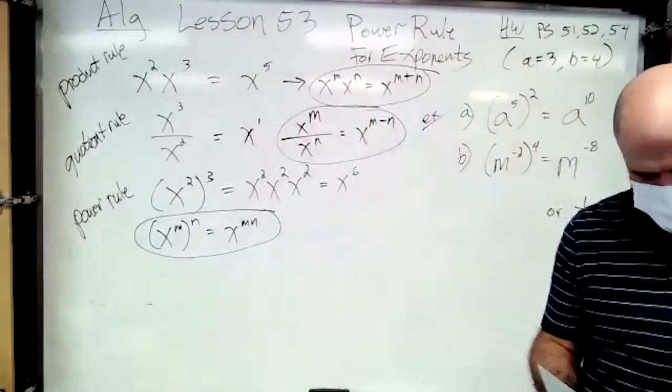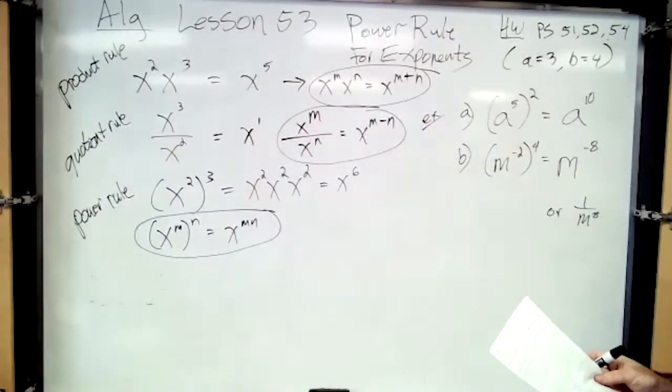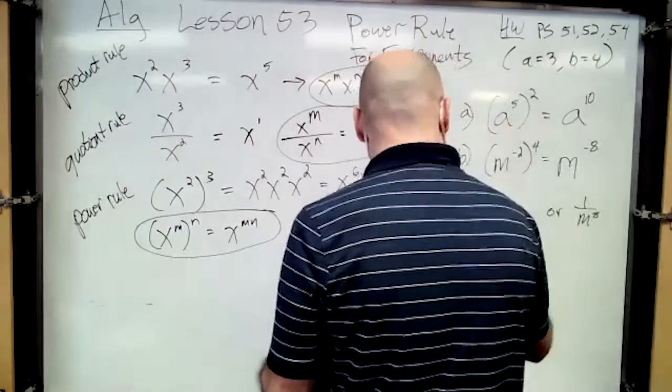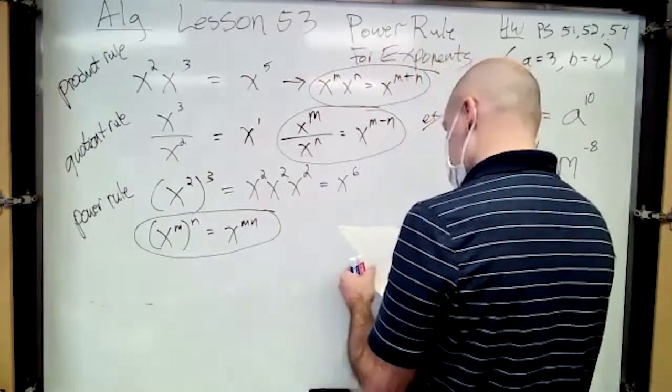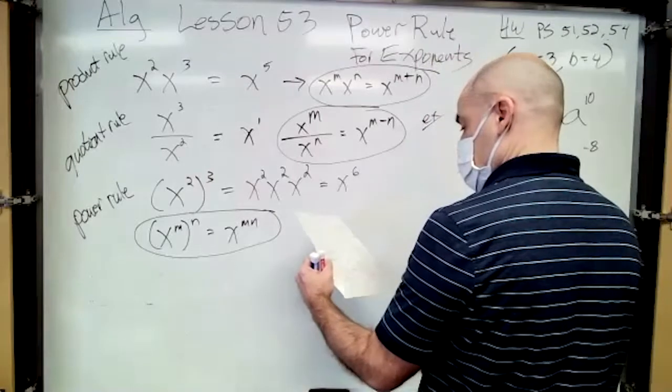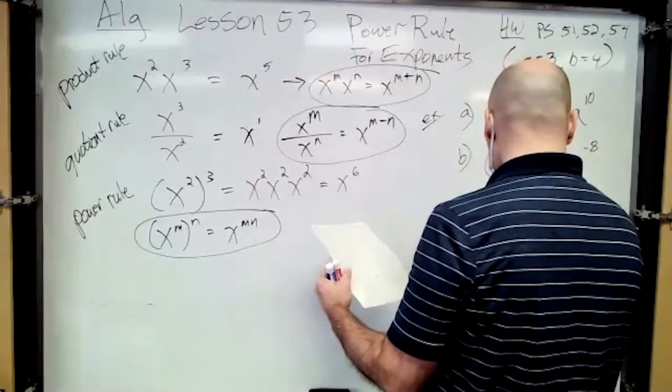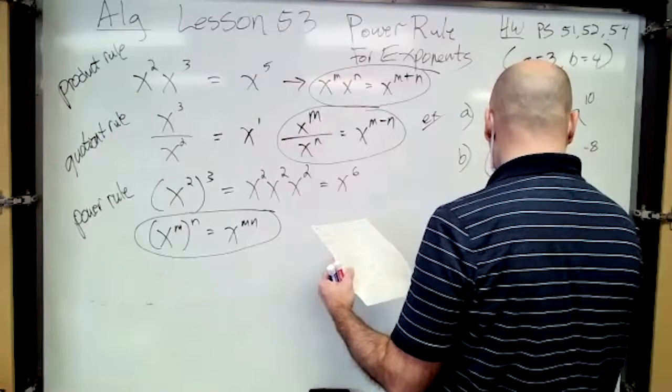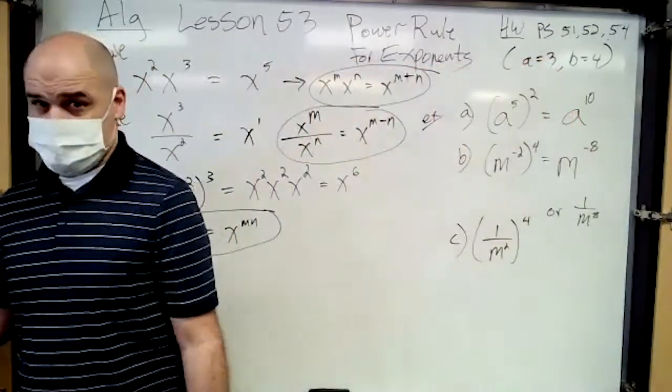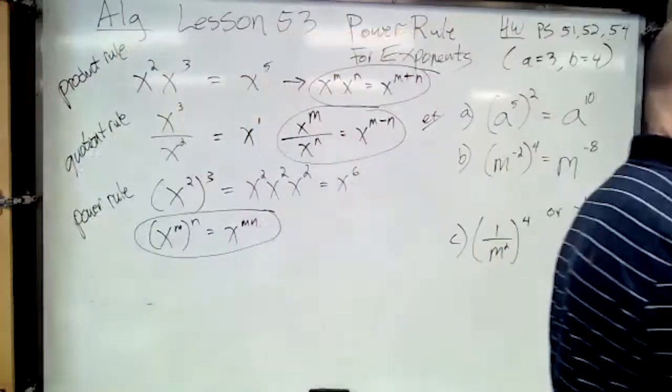But okay, so anyway, let's do another one. What about this guy? Here's example C. C is going to be difficult, I guess. 1 over M squared all to the 4th. What do you do there?